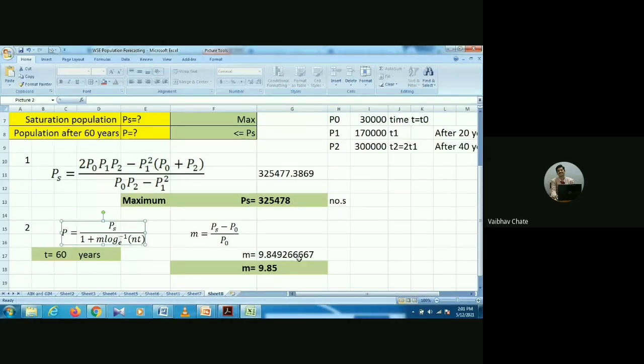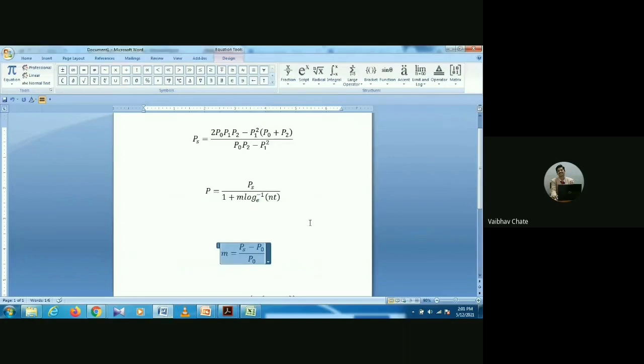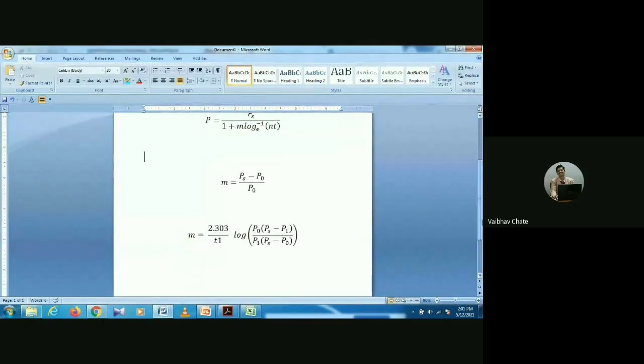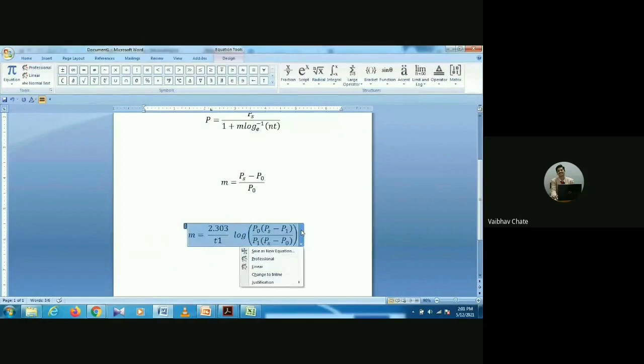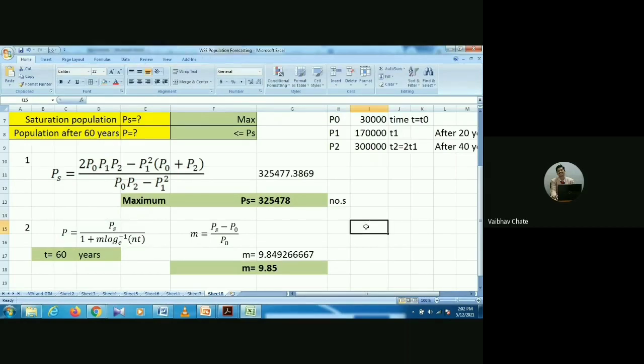For the n value also we have the formula: 2.303 divided by T1, log of P naught in a bracket Ps minus P1, bracket complete, divided by P1 in bracket Ps minus P naught. Use this equation to determine the n value.